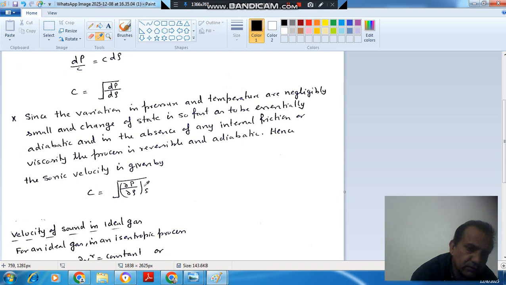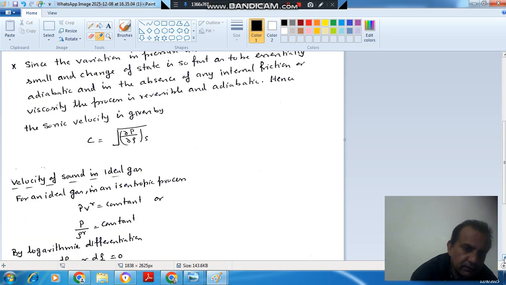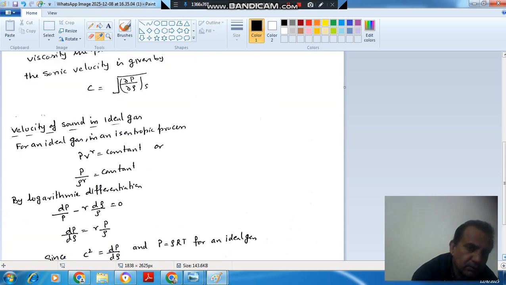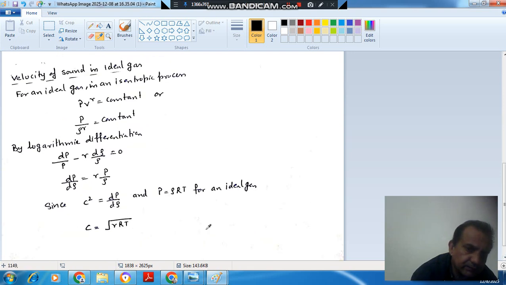Now for an ideal gas, PV raised to gamma is constant for an isentropic process, and by logarithmic differentiation we got this, and then we got c square as dp by d rho, and c as root gamma RT.